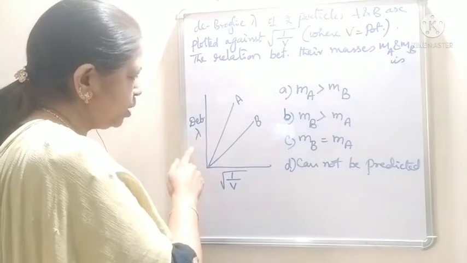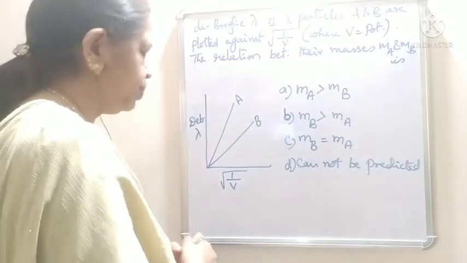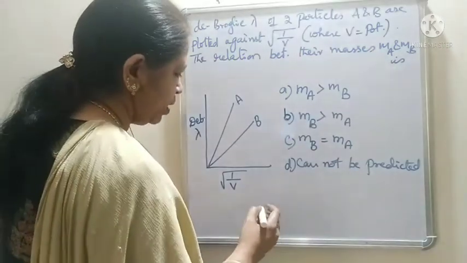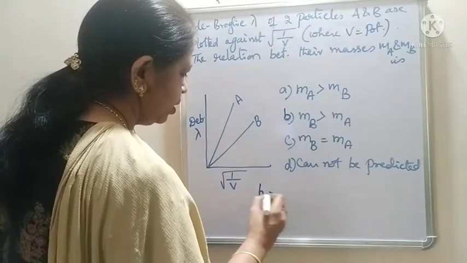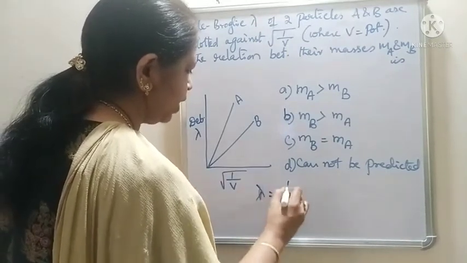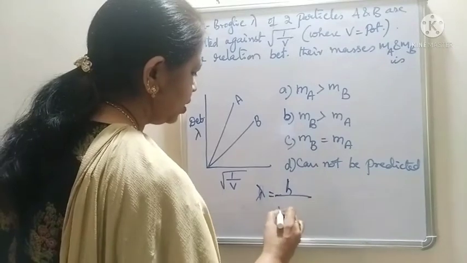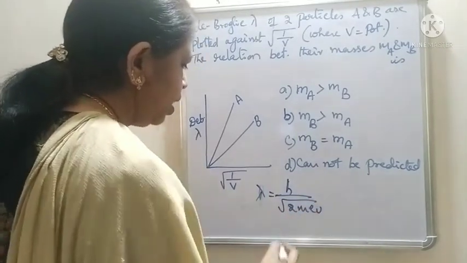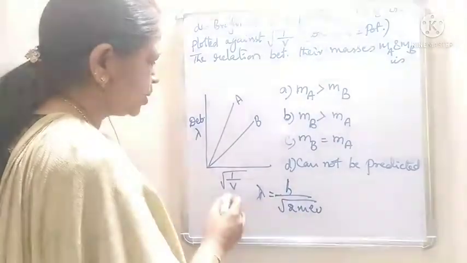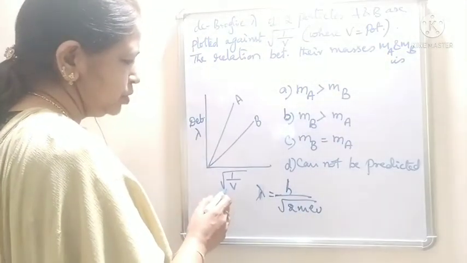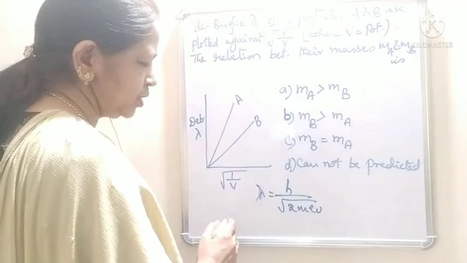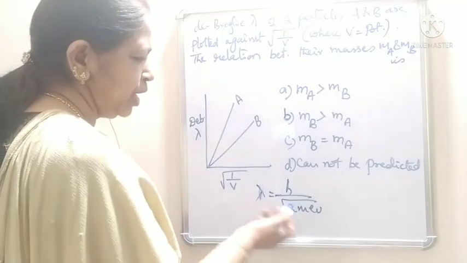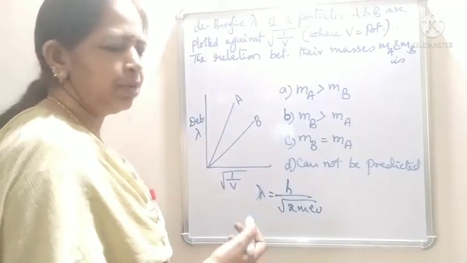Here, the relation between lambda and 1 by V is given according to this equation. Lambda is equal to h by under root of 2m eV. Here, under root of 1 by eV is taken as constant. And h is also constant. So, then what is the relation between lambda and m? They are inversely proportional.